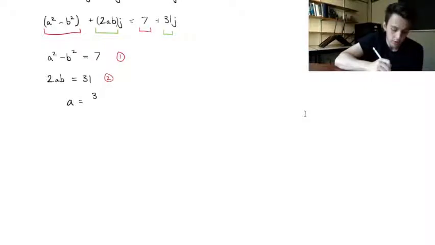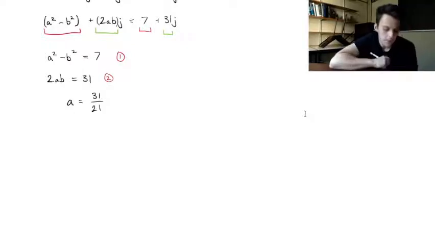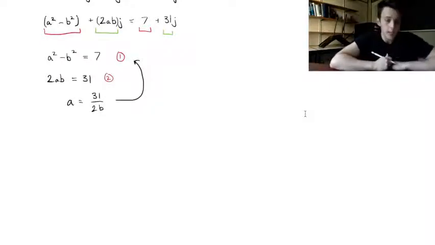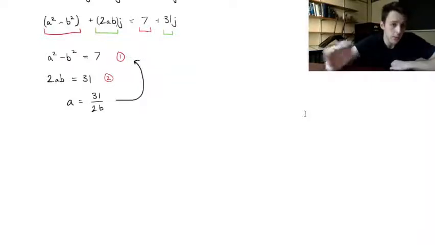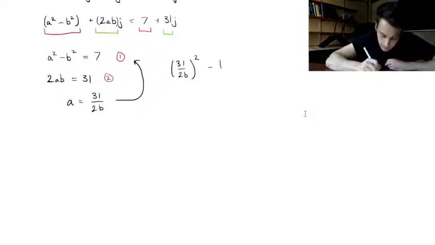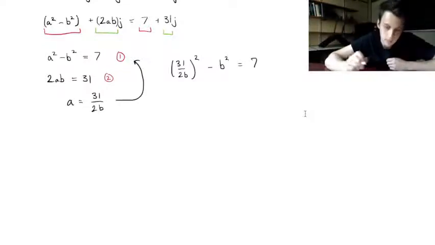Doesn't matter which one. Math is math. You could choose whichever. So this is a equals 31 over 2 times b. Okay? And we'll use the same kind of methods that we have always used in algebra for a system of two equations: let's substitute this into equation 1. So this will be (31 over 2b) squared, minus b squared, equals 7.